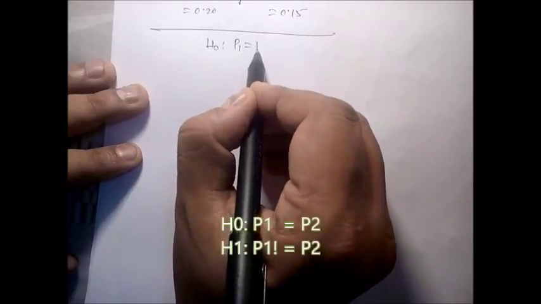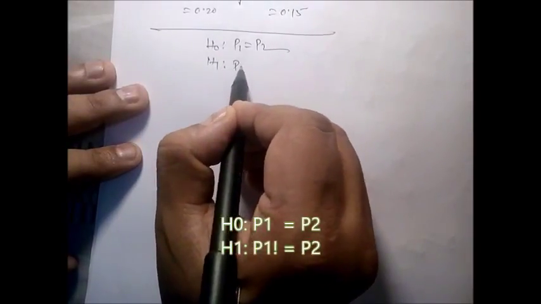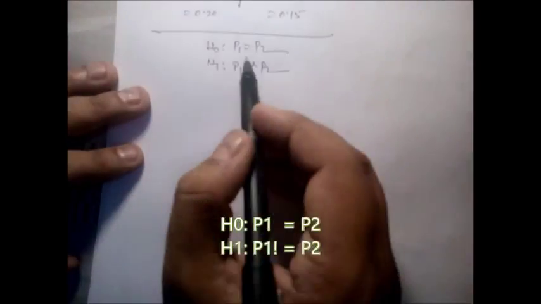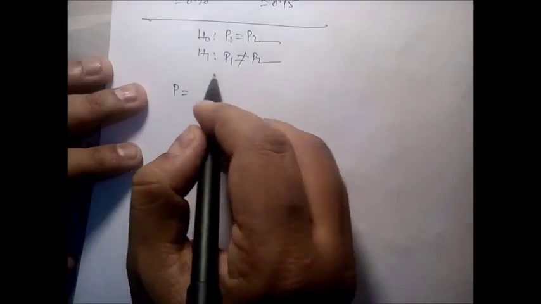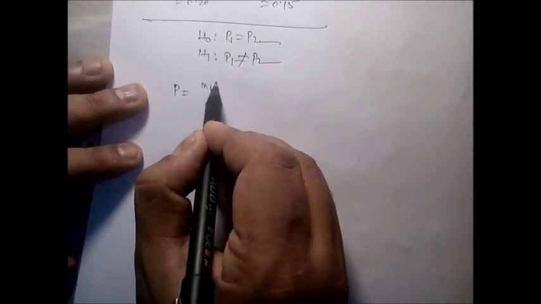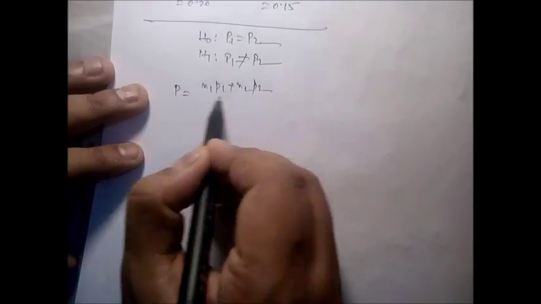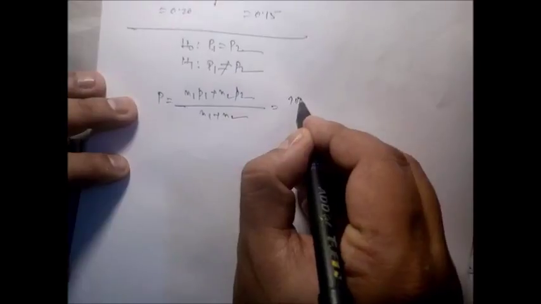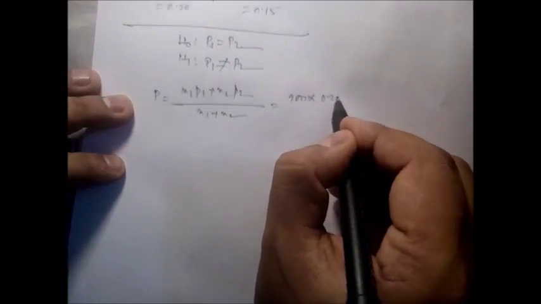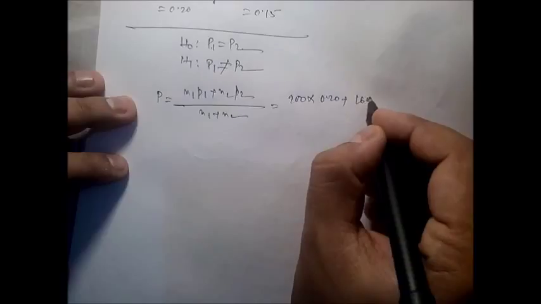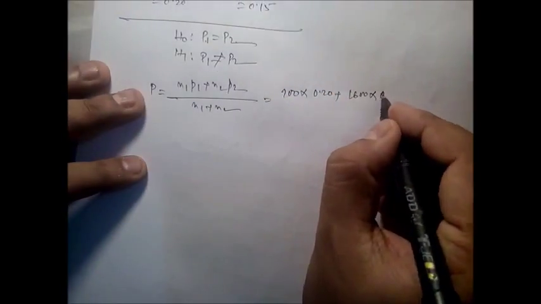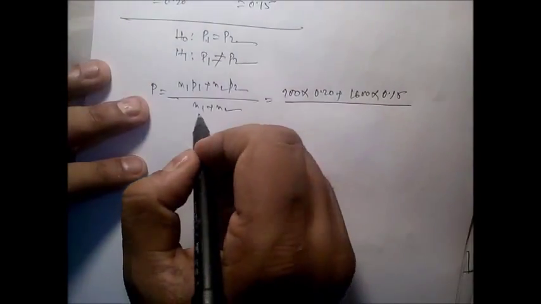Null hypothesis, P1 is equal to P2, alternate P1 is not equal to P2. P1 is population proportion of A, P2 is population proportion of B. So pooled estimate: N1 P1 plus N2 P2 by N1 plus N2.